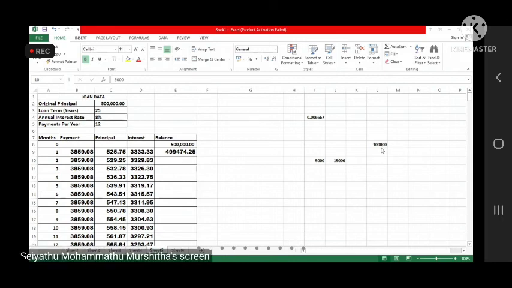Okay. So suppose, for example, I take the loan 1 lakh. The person says every month you have to pay 5,000 interest. So this 15,000 includes it.